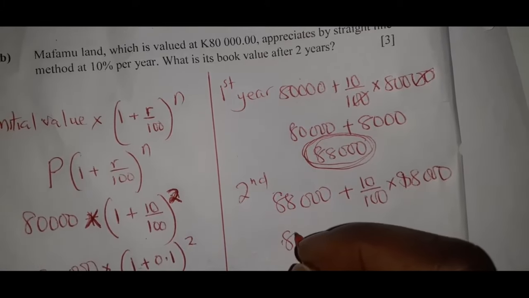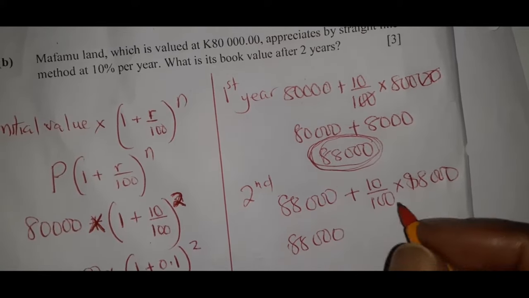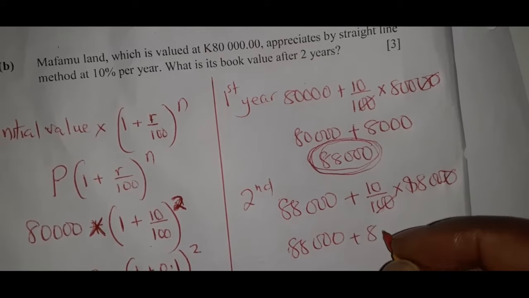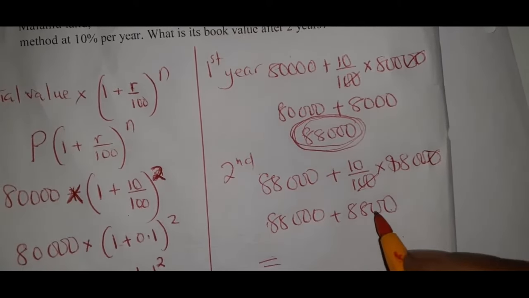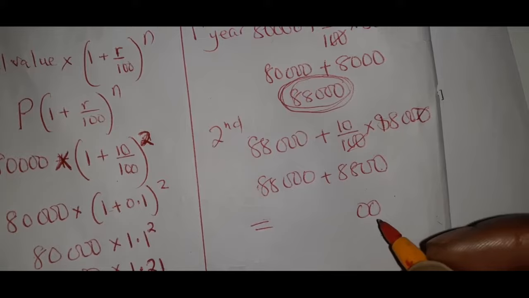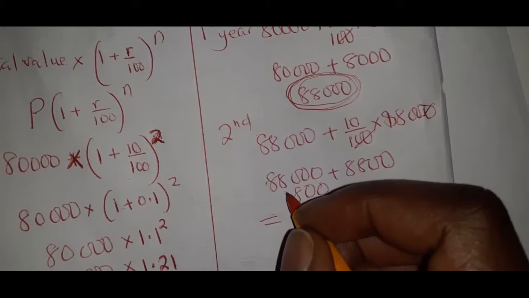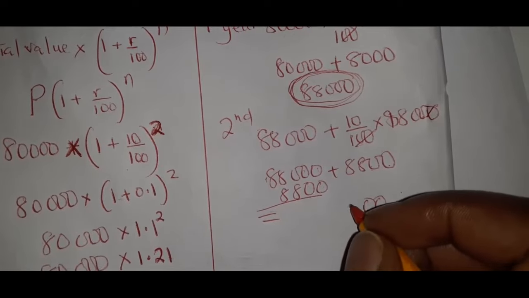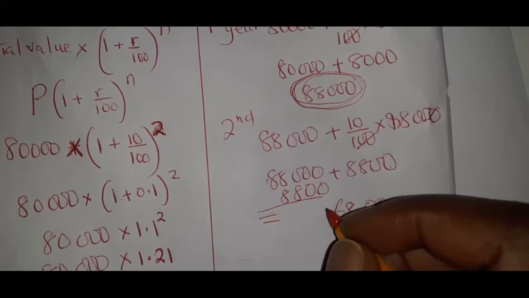So here we have 88,000, plus 8,800. Let's add this. What do we get? This and this. Here we are dealing with 0, 0, 8, and 8. So this is going to be 0, 0, 8. Then this will give us 16. Then 9.